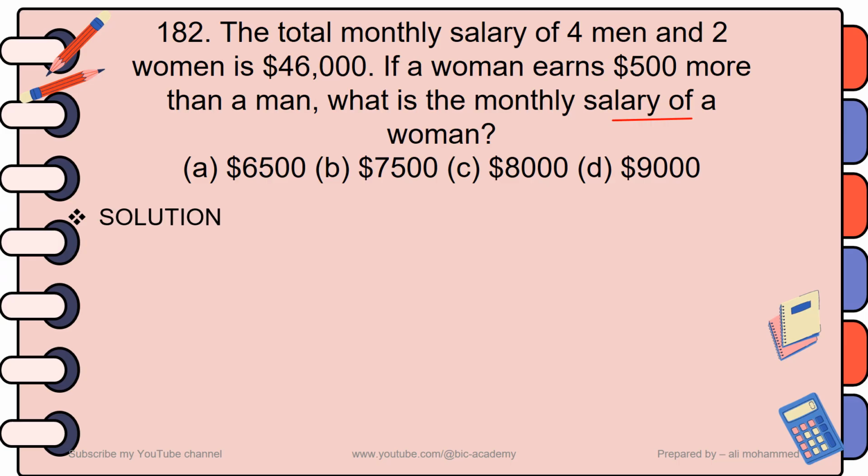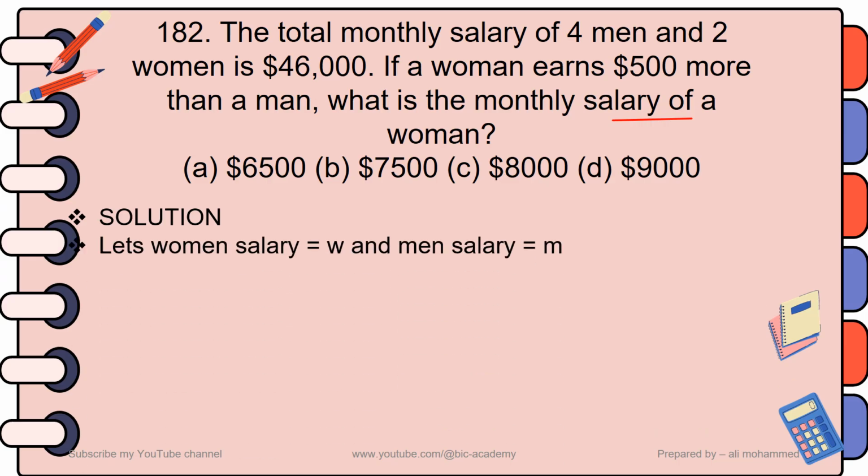Again, there is a second piece of information which says that a woman earns $500 more than a man. That means the woman's salary W is equal to the male salary M plus $500.